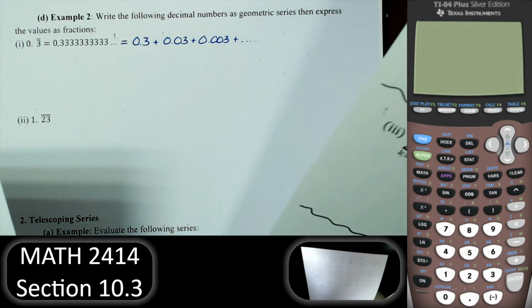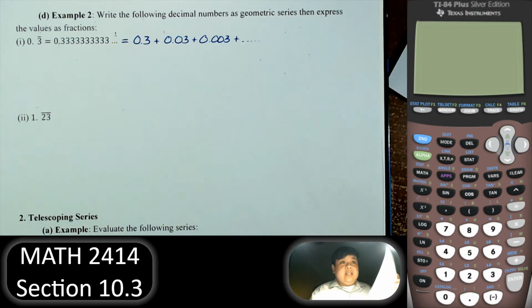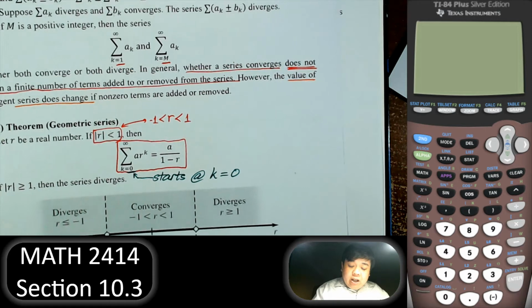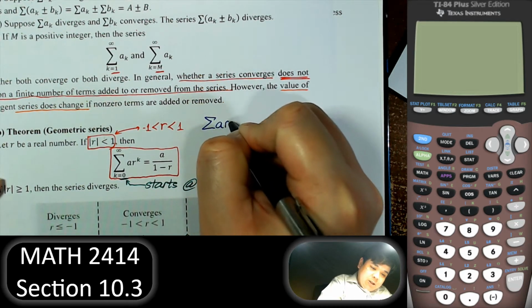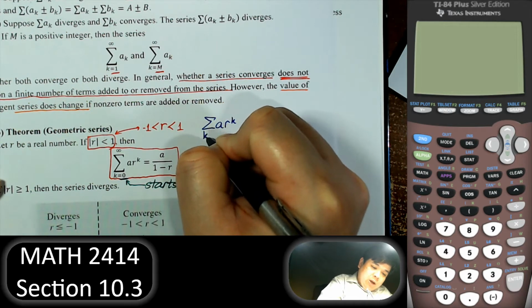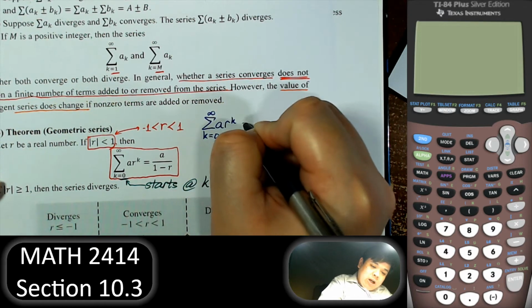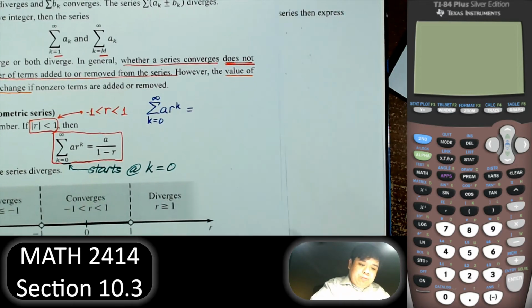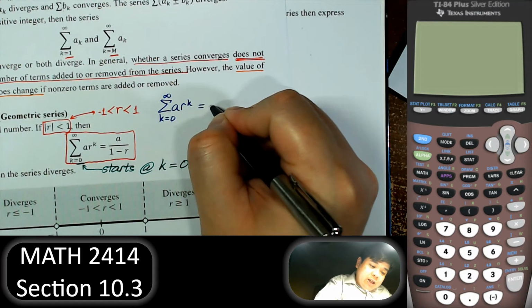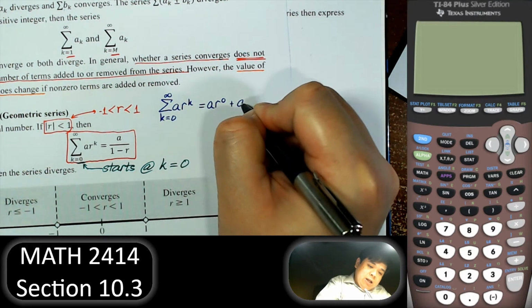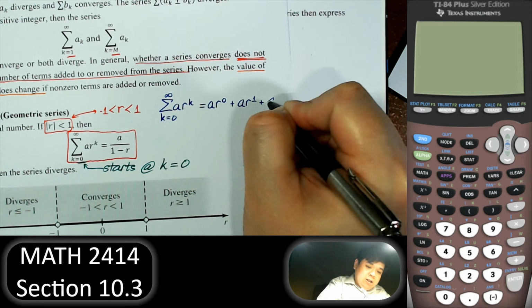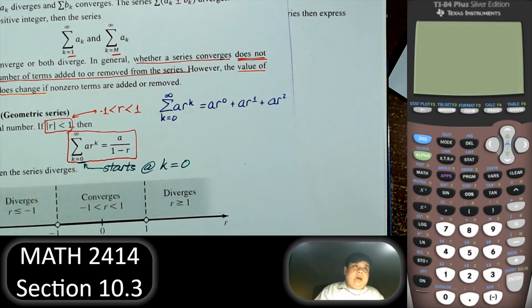Right. So one important thing that we didn't write out is the geometric series itself. If we start with a geometric series when k equals 0 to infinity. So first we start this series by putting 0 in for k, and that is essentially what we have, right?